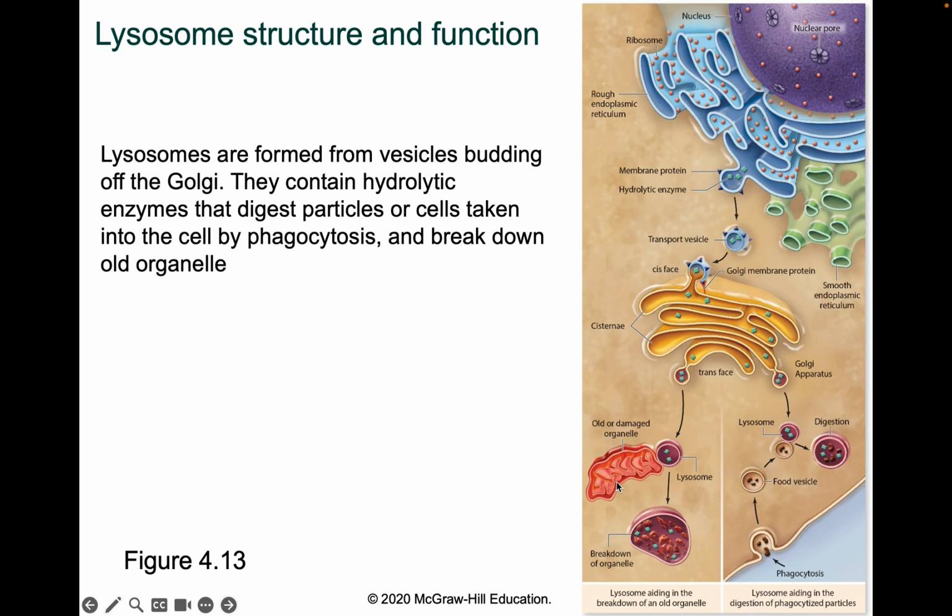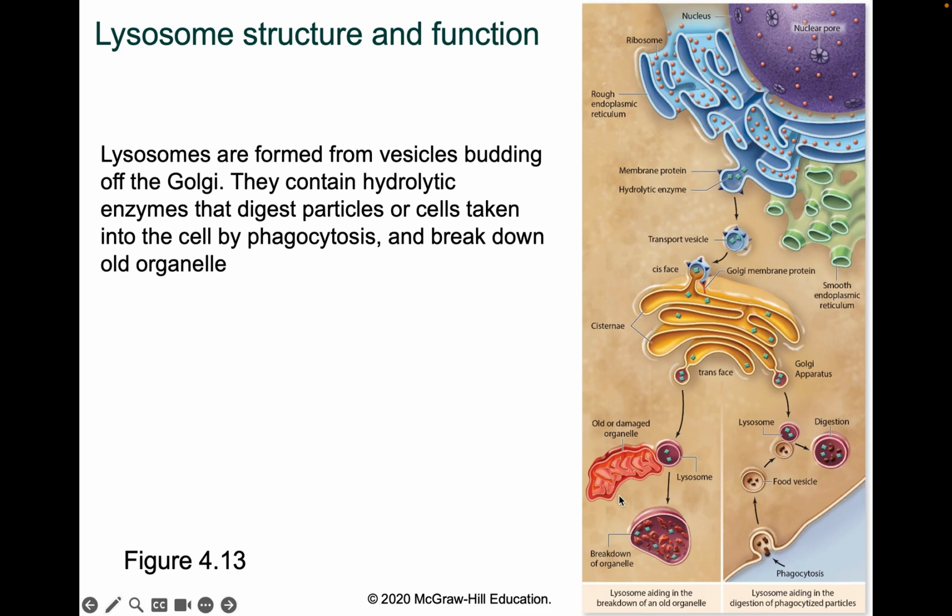Organelles, like the mitochondria, all need to be renewed because they get old, and if they become old, they can start making mistakes, and mistakes in cells give us a lot of diseases. So we always need to make sure all our organelles are in tip-top shape, so we always need to recycle them.